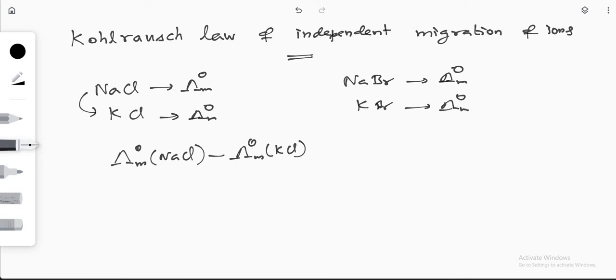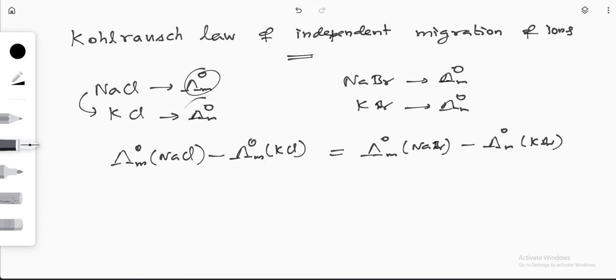From that value he understood that ions show a definite value of conductance at infinite dilution. What is meant by that? See, the difference between these two. Similarly, lambda m naught for sodium bromide minus lambda m naught for potassium bromide.